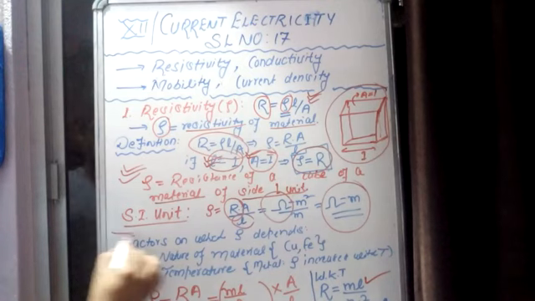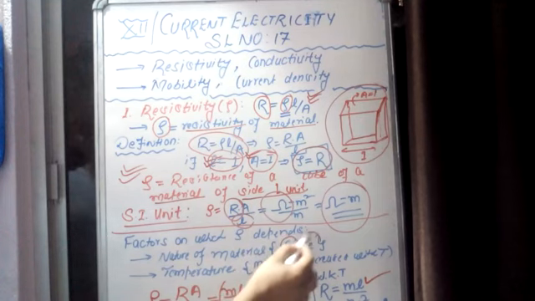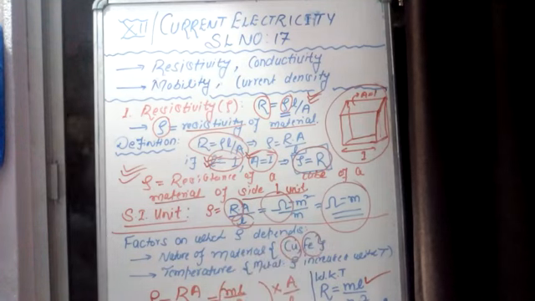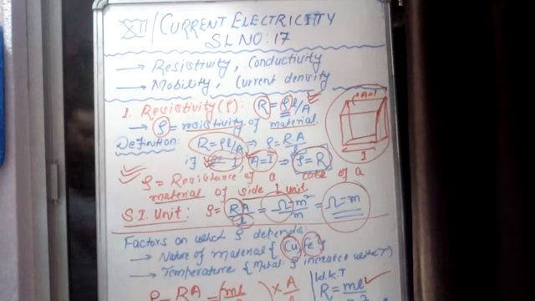Now let's take the factors on which the resistivity of a material depends. Factor number 1: it has been observed that the resistivity of different materials has different values. For example, if I am taking copper and iron, the resistivity of copper is lesser and the resistivity of iron is a little bit larger.